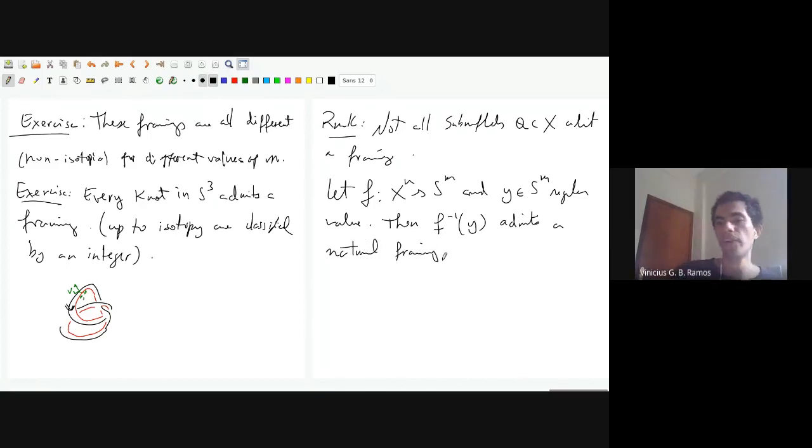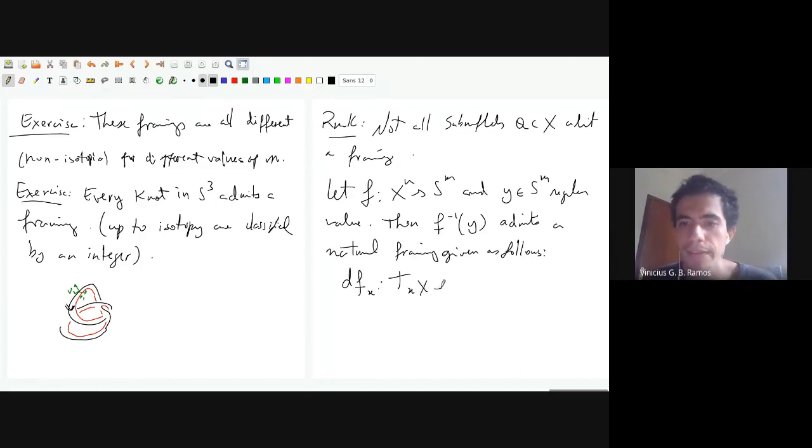And what's this natural framing? It's given as follows. If you look at the derivative of f at a point x on the pre-image, we know this is a surjective map from T_x X to T_y of S^m. This is surjective.